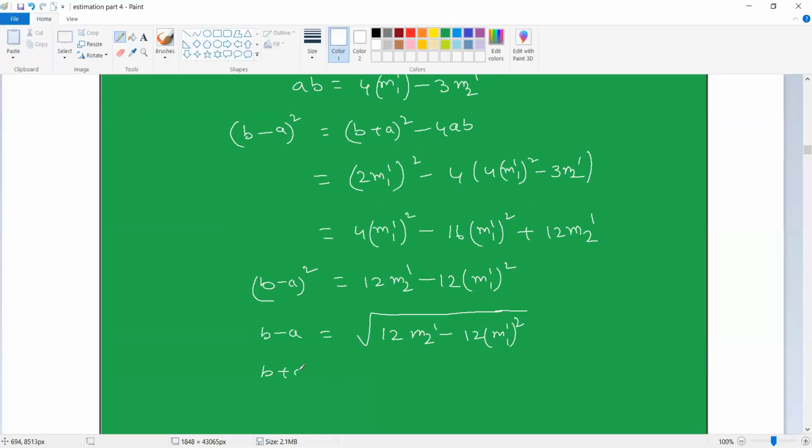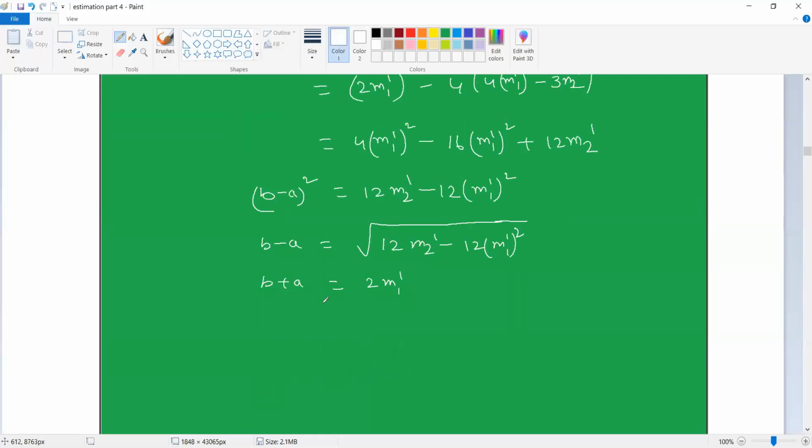Now b plus a is equal to 2 m1 dash. Now solve these two; here minus a plus a cancel. 2b is equal to 2m1 dash plus square root of 12 m2 dash minus 12 m1 dash whole square.